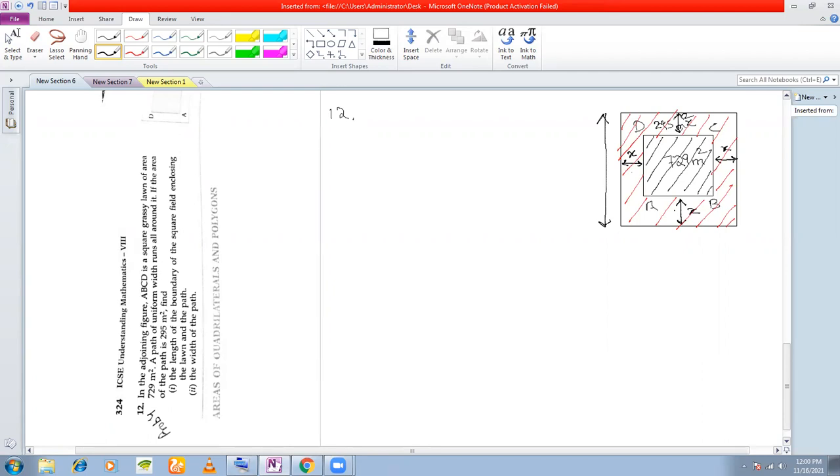If the area of the black shaded part, the grassy lawn, is 729 and the area of the red shaded part is 295, which is the path, so what is the total area of the square forming the boundary?